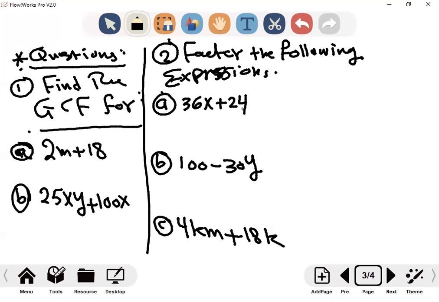What do you want to simplify here? This is question 1, find the GCF. Question 2, factor the following expressions in these 3 sections.